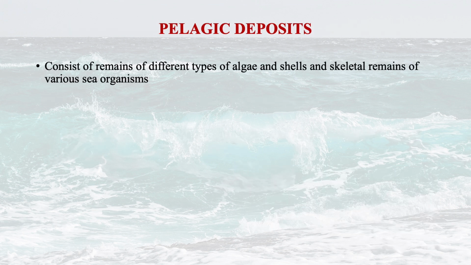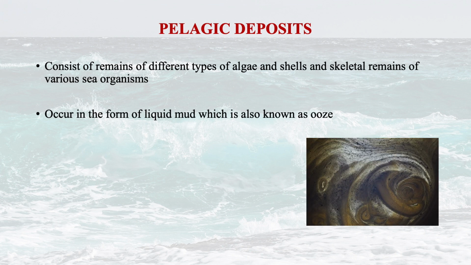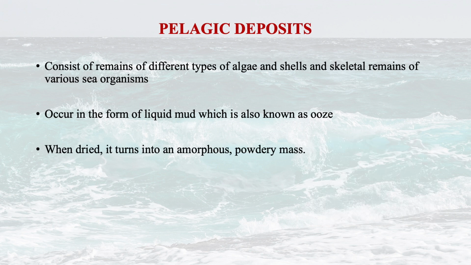And the pelagic deposits consist of different types of algae and shells and skeletal remains of various sea organisms. They occur in the form of liquid mud, which is also known as ooze. When dried, it turns into an amorphous powdery mass.